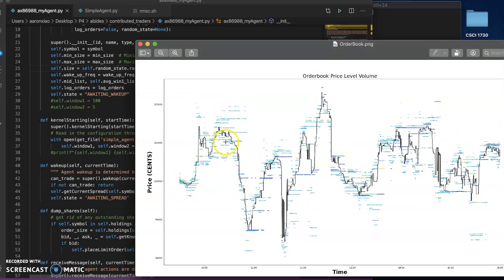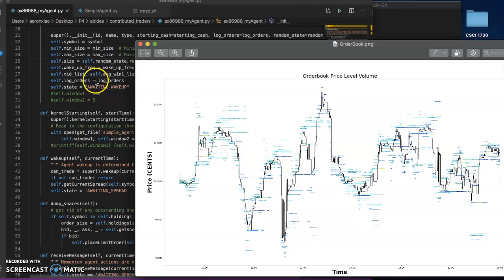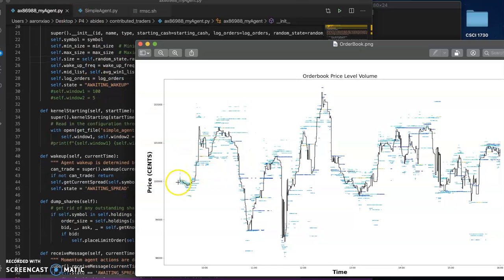Since they operate on a mean reverting market, my initial strategy was to start off by buying up a lot of the stocks to try and drive the price of the stock up. And then over time, as those stocks are being bought up, hopefully the overall price or the mean of the stock will increase.